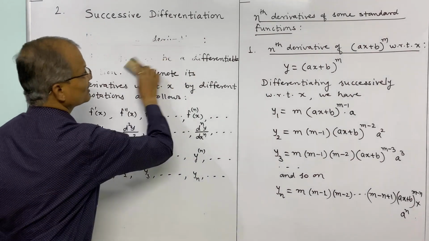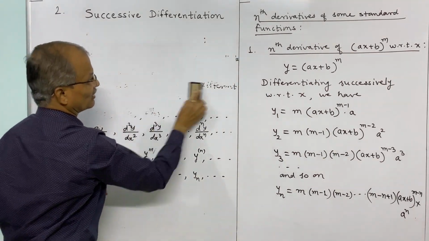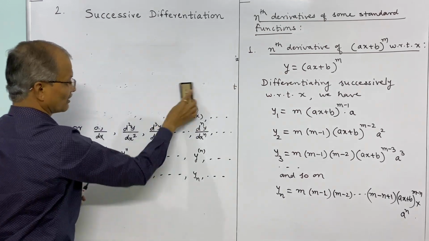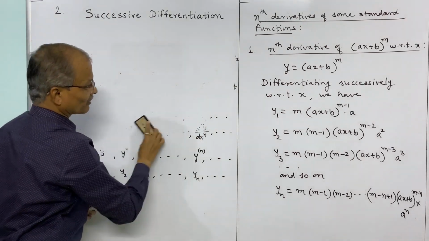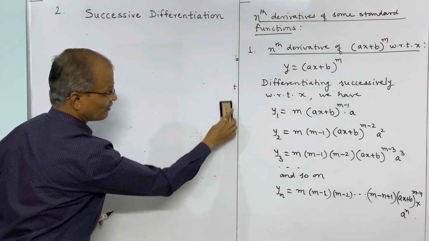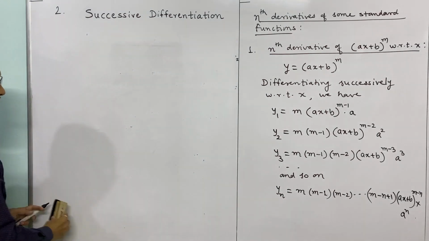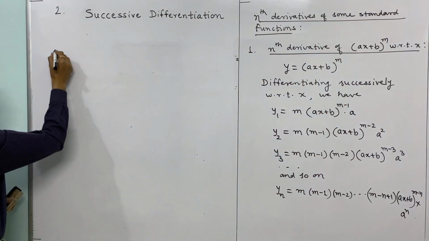Now we shall put this nth derivative in a particular form so as to remember it and use it for other functions also. For that purpose we consider the earlier product.